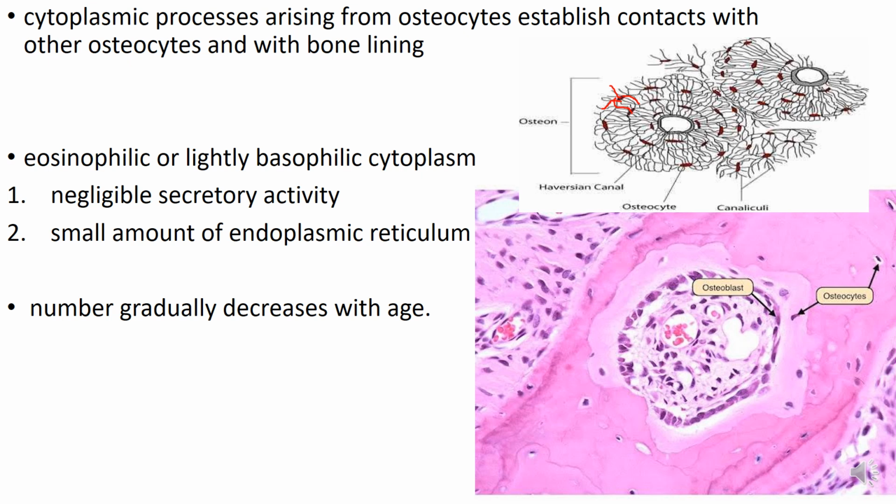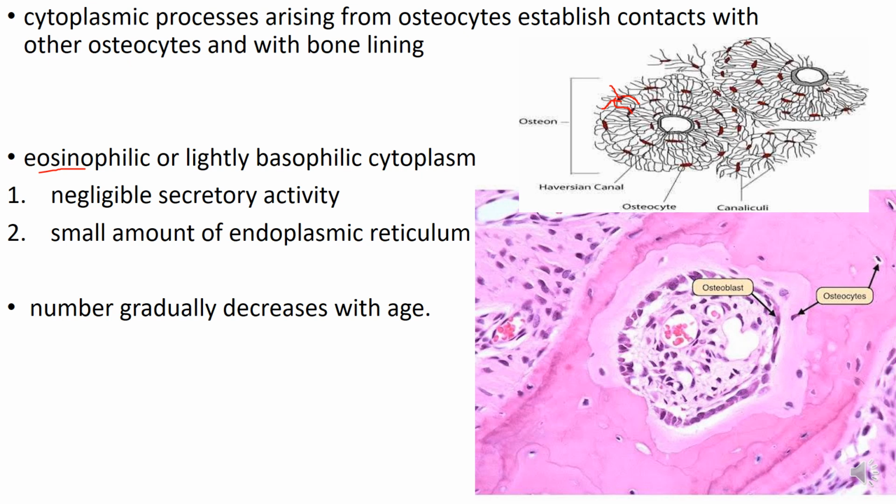And this has got an eosinophilic cytoplasm. Osteoblast had basophilic cytoplasm because of the rough endoplasmic reticulum, but here the cytoplasm is eosinophilic because there is only a very scanty amount of endoplasmic reticulum, and there is negligible secretory activity, and the number of osteocytes gradually decreases with age.